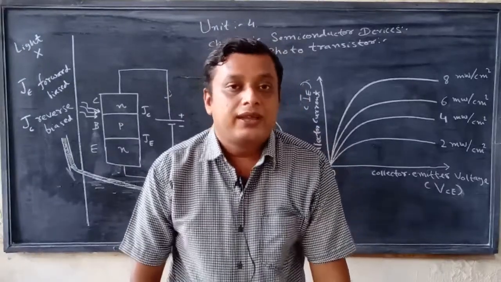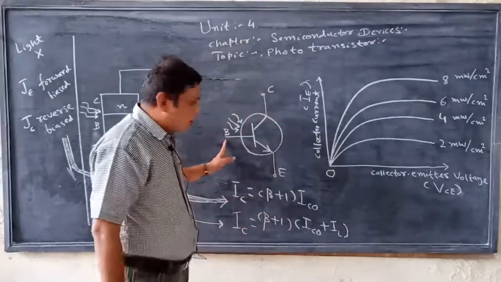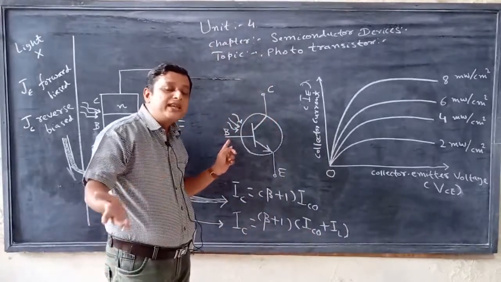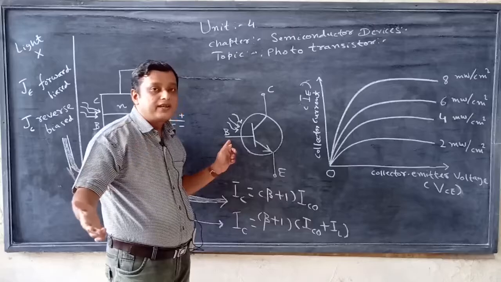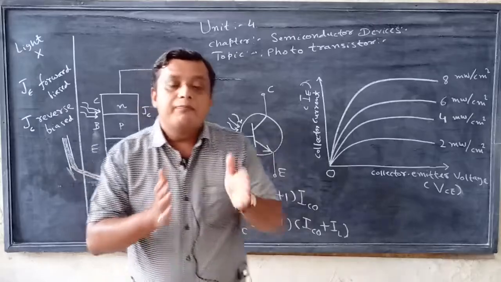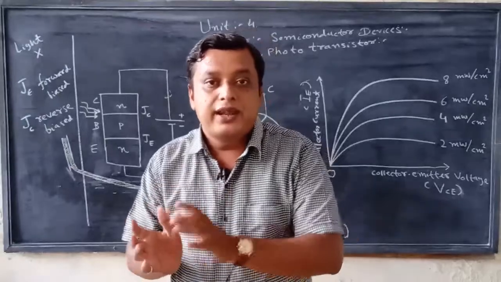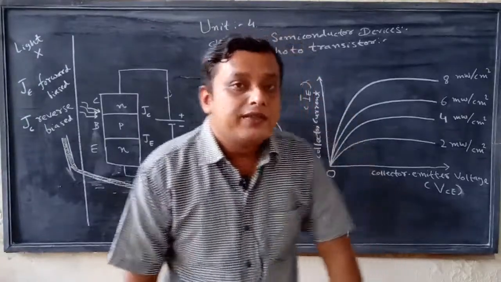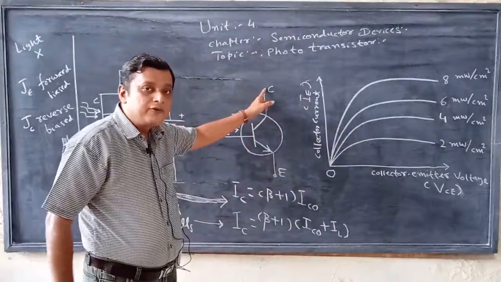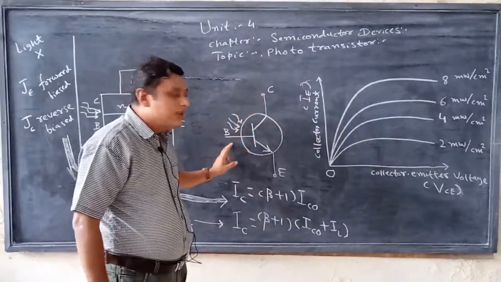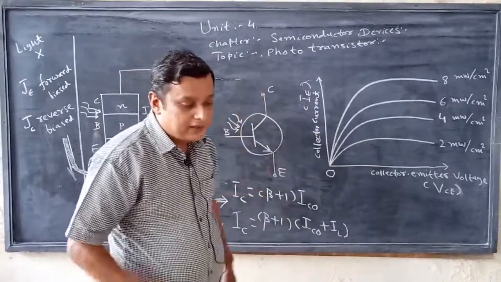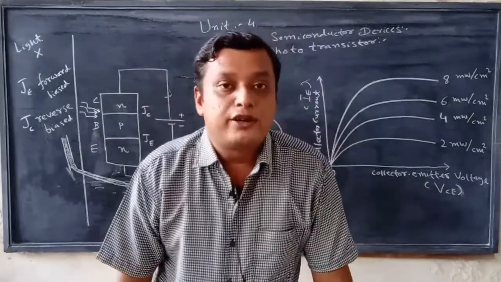The area of a base, either NPN or PNP, is smaller compared to the emitter as well as the collector. The area of a collector should be greater compared to base as well as emitter. So these are the basics of transistor.